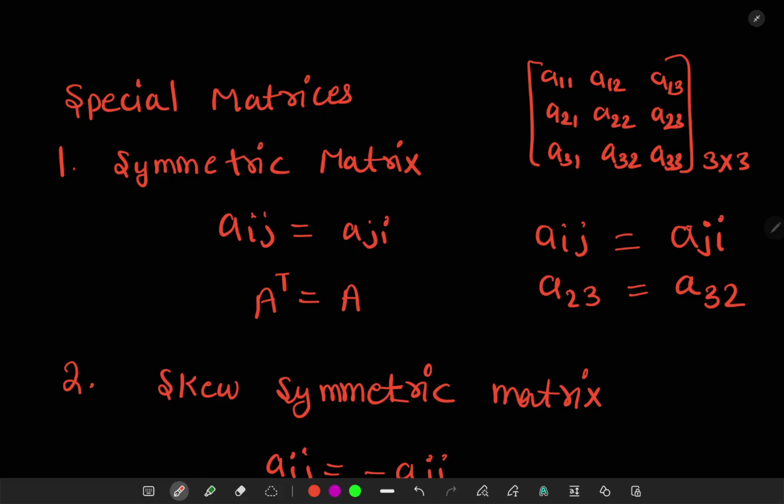Here you can clearly see that the element A23 is equal to A32.